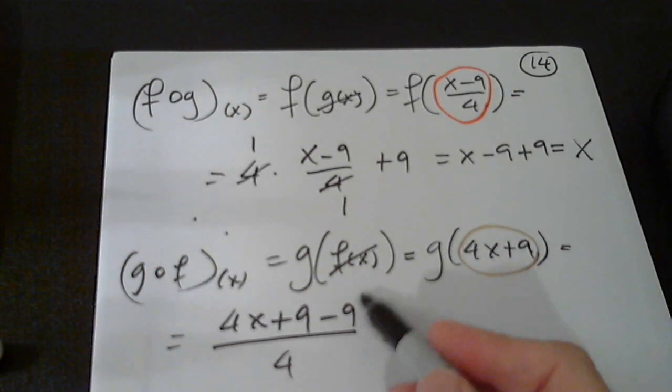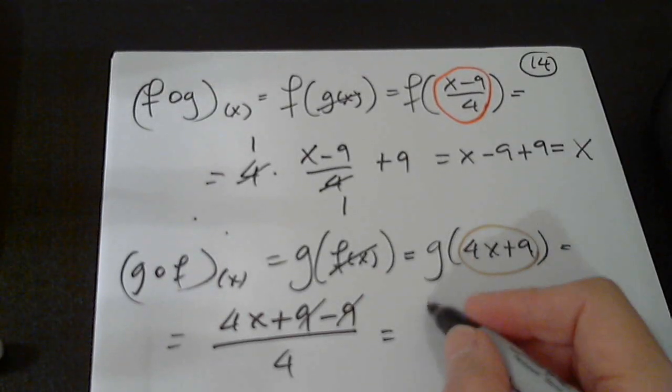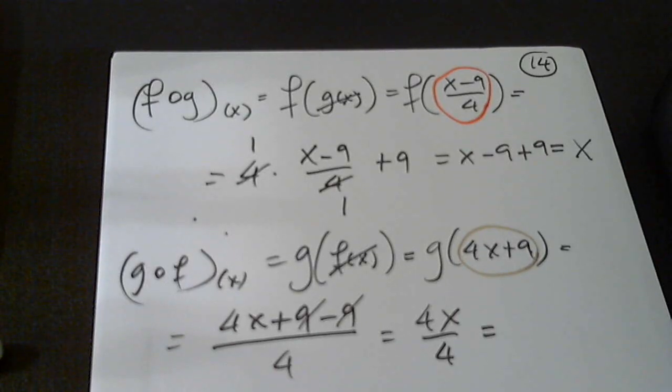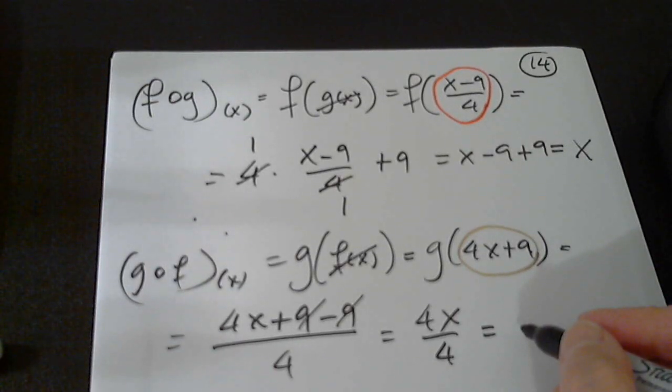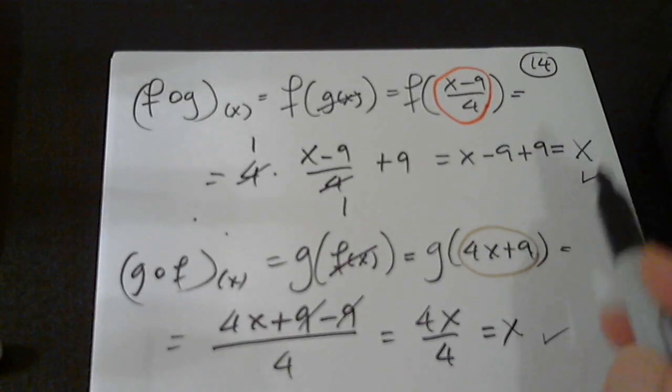You have to combine like terms first. You cannot simplify in a sum. We only simplify factors. We write this, and the answer is x. Perfect. Exactly what we expected.